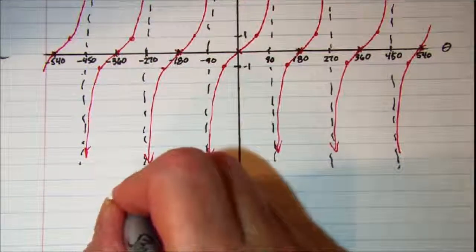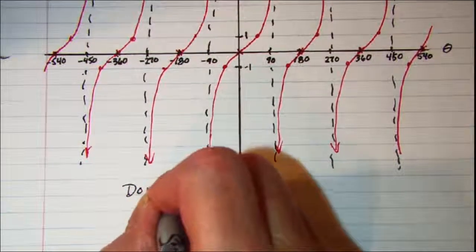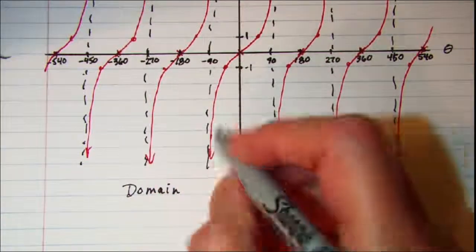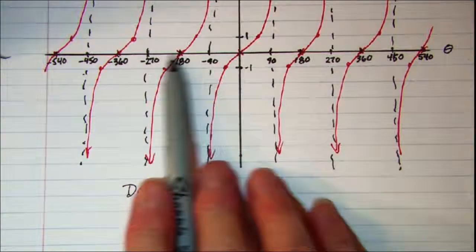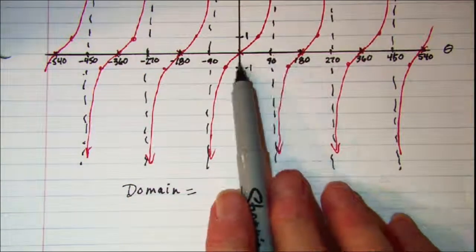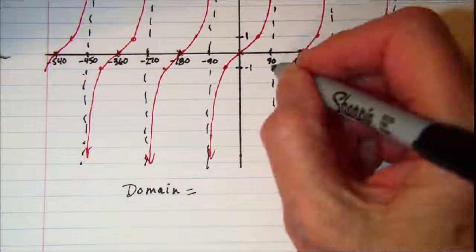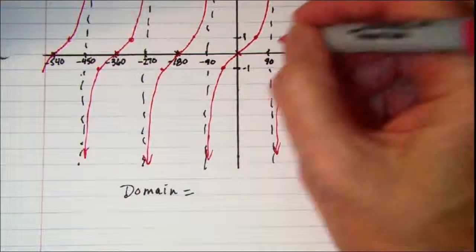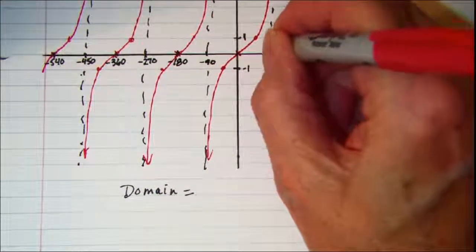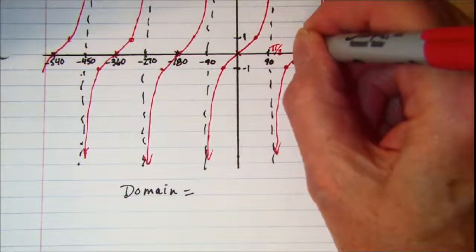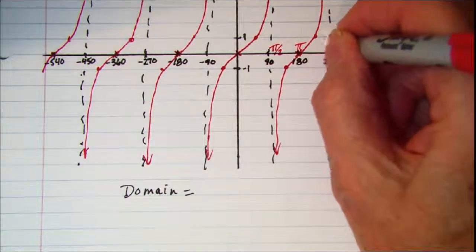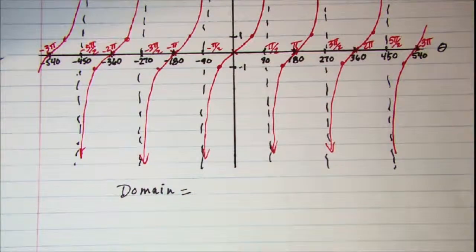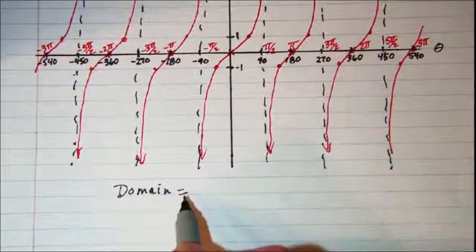Our domain, since we do have asymptotes, and we're not allowed to use certain angles. Let's go with the radians. Remember, 90 is pi over 2. This is pi, 3 pi over 2. So I'm going to use set builder notation for my domain.